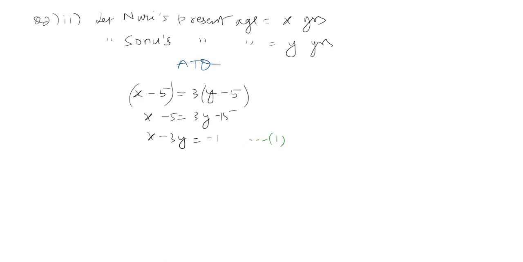Now the second equation: this is Noori's age after 10 years, and Sonu's age after 10 years. So she will be twice Sonu's age. So again we'll open the bracket and simplify to get our second linear equation.